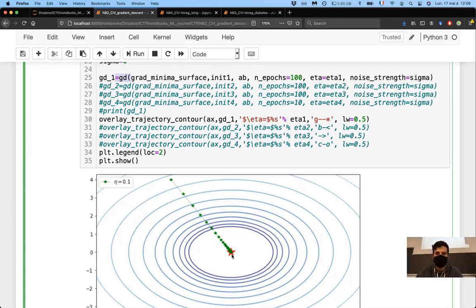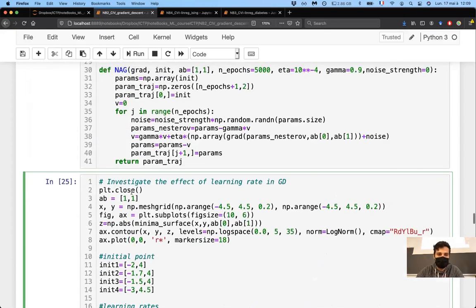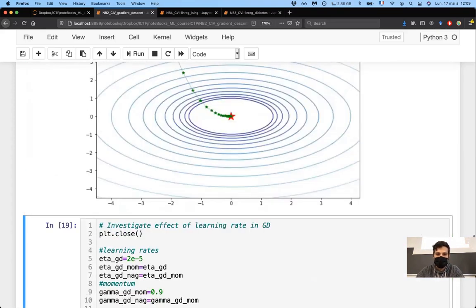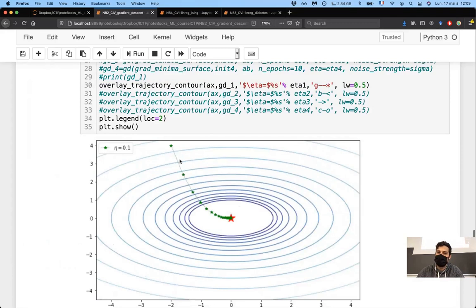Now, if I put a bit of asymmetry, each of these lines should be, here it's an interpolation, almost orthogonal to the contour curves, which means that you are following the gradient.